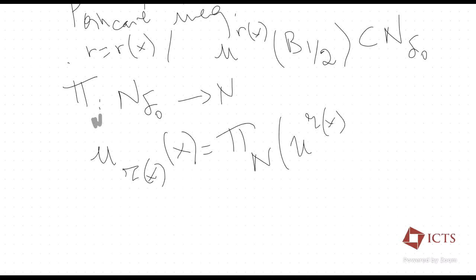And now, of course, you can see it as a map from B_{1/2} into N. So this is the first step.